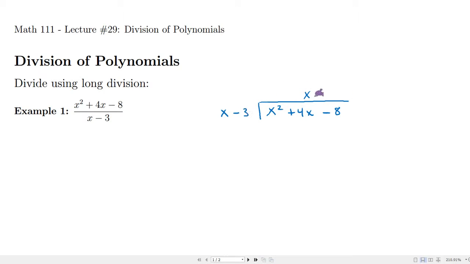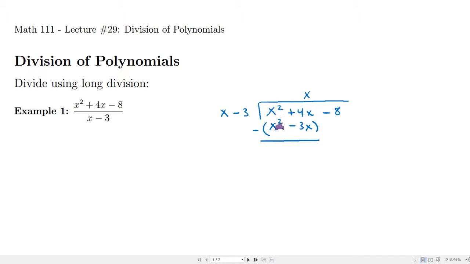But then once you have determined that, you take this and multiply by this whole expression you're dividing by. So what is x times this? And we're going to write that under here. So x times this expression is x squared minus 3x. And just like long division, this is what we are going to subtract and simplify.